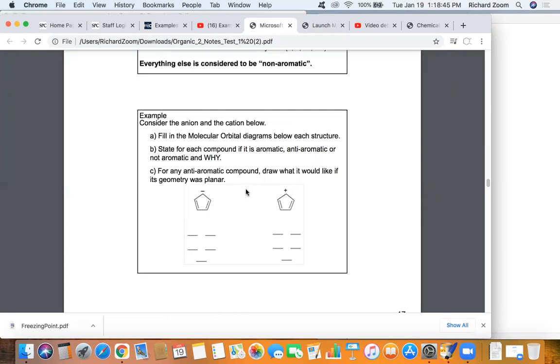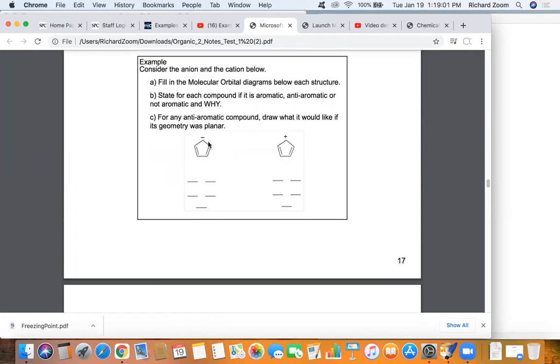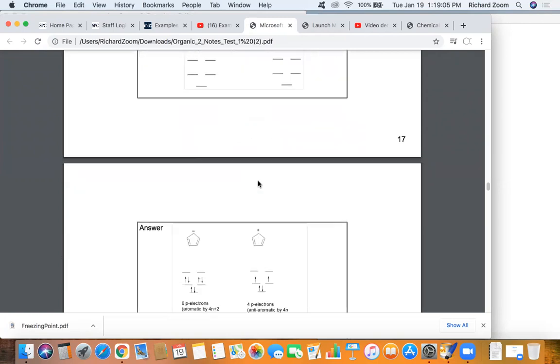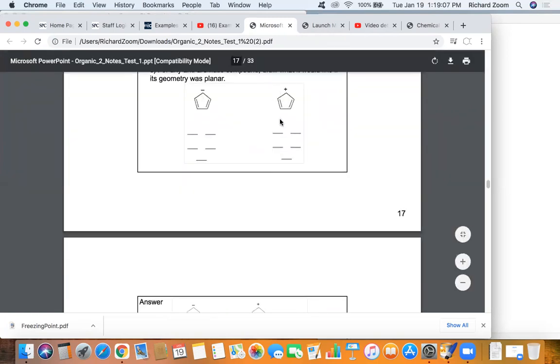So you'll be asked to fill in the molecular orbitals for each structure. State for each compound if it's aromatic, anti-aromatic, or non-aromatic. And for any aromatic compound, draw what it would look like if its geometry was planar. I do give you the diagrams. You don't have to come up with them on your own, at least the initial diagrams.